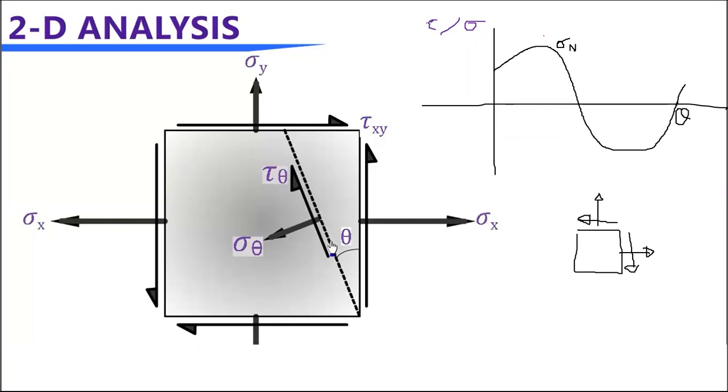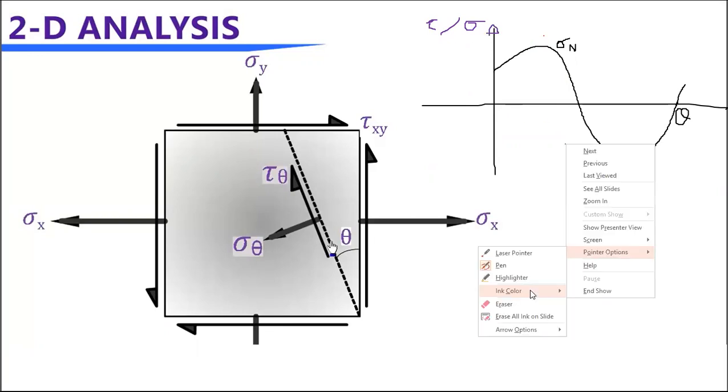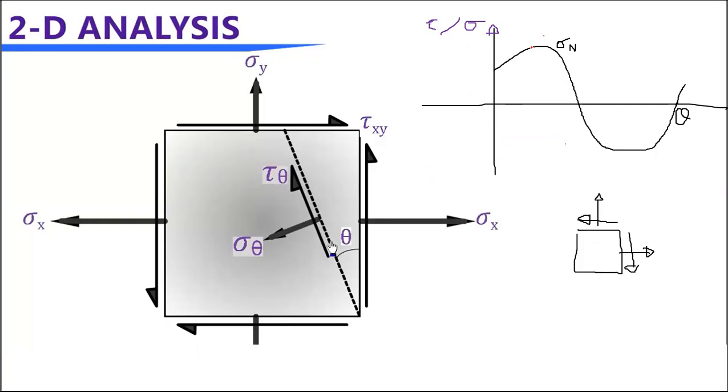Both axes represent the same axis, okay? So if you draw shear stress, you will have something. Here, where sigma becomes the extreme, the highest, the shear stress will have exactly 0.